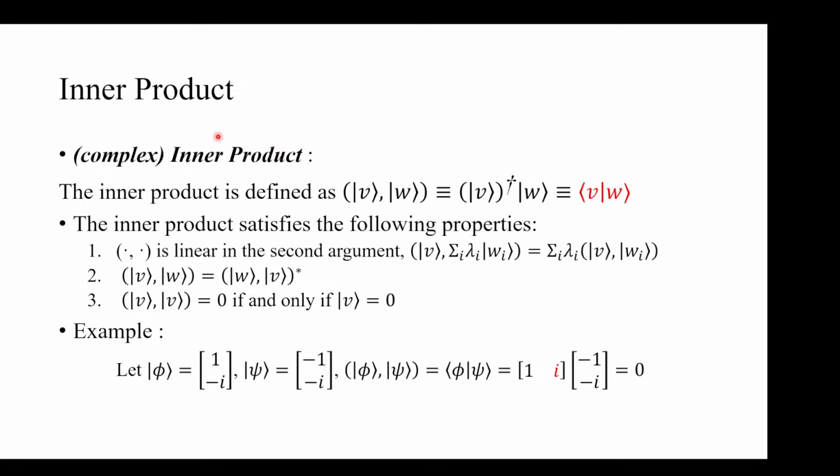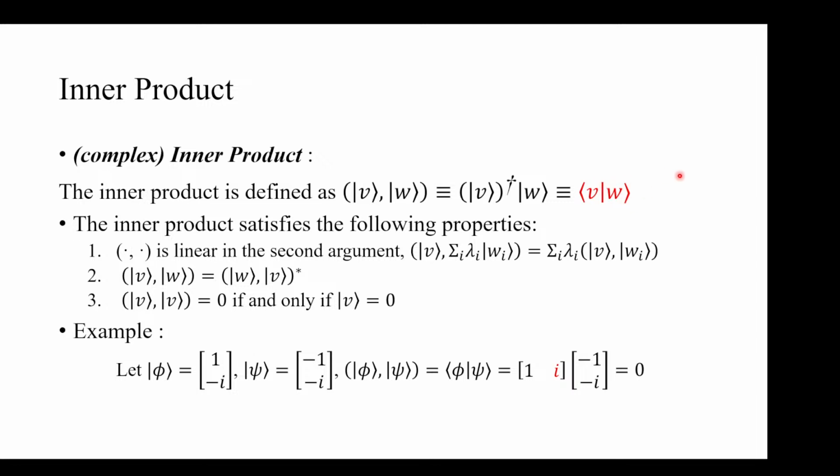We'll define the complex inner product in this very mathematical way: the inner product between two complex column vectors is that you take the adjoint of the first vector, so you turn V into V adjoint, then multiply that with W. We write this as V bra times W, and as we said, we skip the extra line here and just write V straight line W.